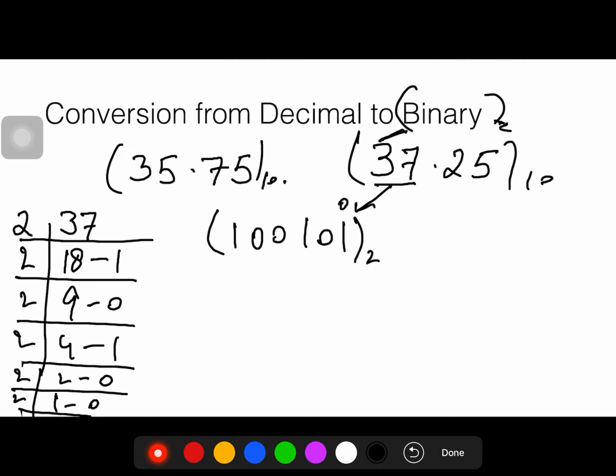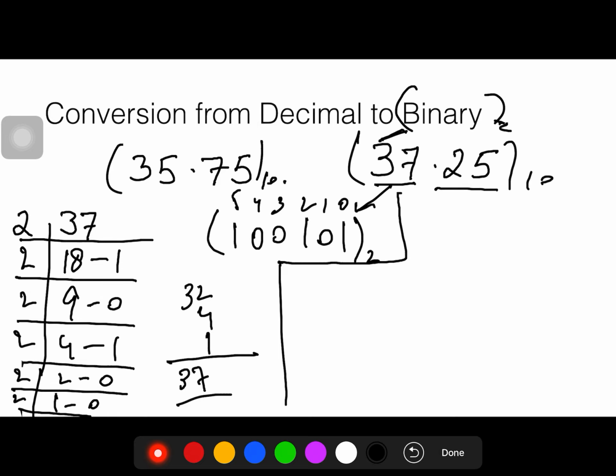How to verify this answer? The positions are 0, 1, 2, 3, 4 and 5. This is 32, this is 4, this is 1, which is 36, 37. Now, in order to convert the fractional part to binary, what is the procedure? We will take the fractional part, which is 0.25.